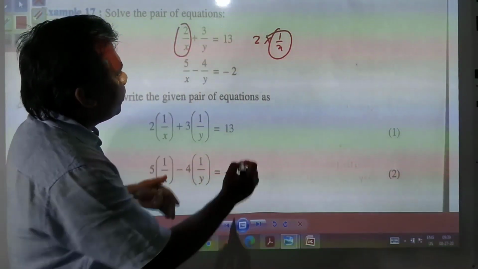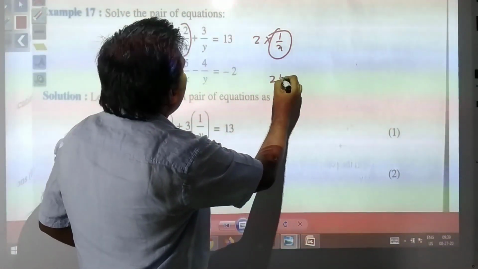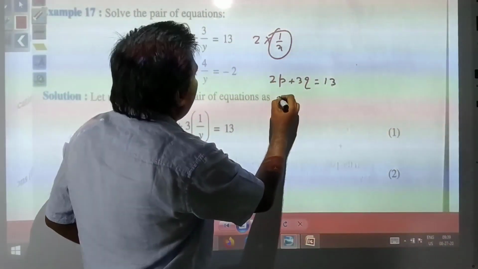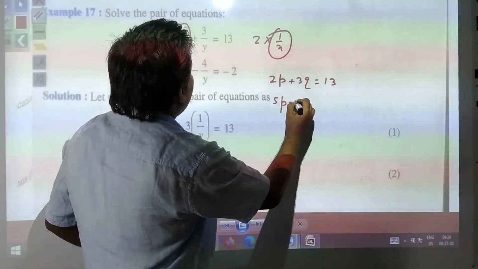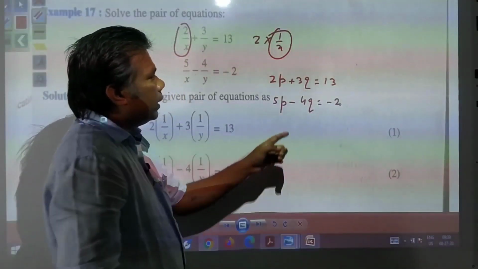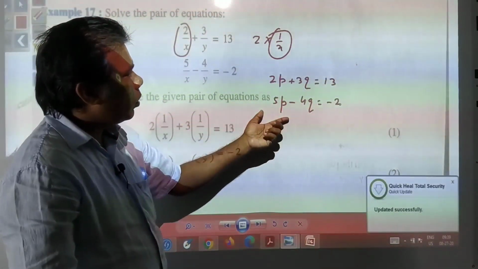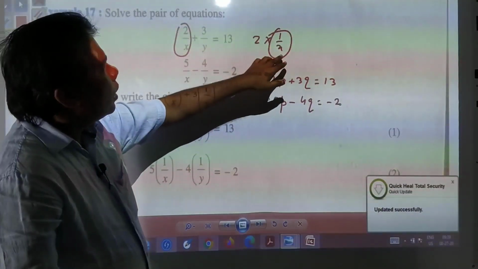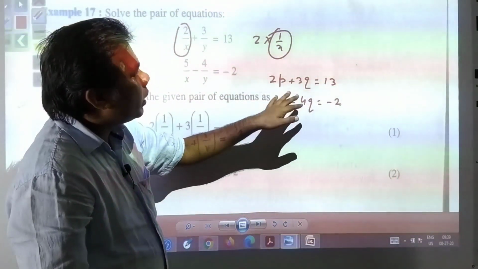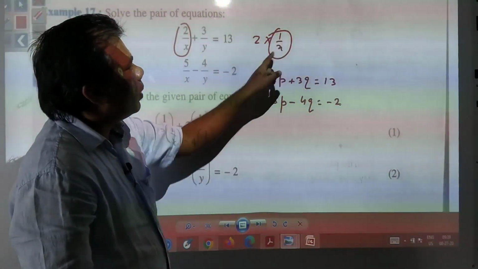So as it has been expressed, 2p plus 3q is equal to 13 and 5p minus 4q is equal to minus 2, and then p and q are required to be found out, and finally the values you have got of p and q are required to be replaced again in place of 1 by x.